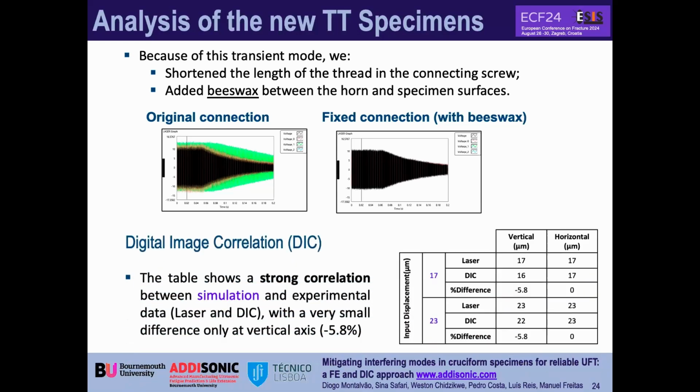After that, we ran several tests again. And as you can see here in this table, we obtain a very good, strong correlation between the simulation and the experimental results from the laser and from the DIC. So from two experimental methods, we obtained very good results. There's a little difference here in the vertical axis, but it is negligible.